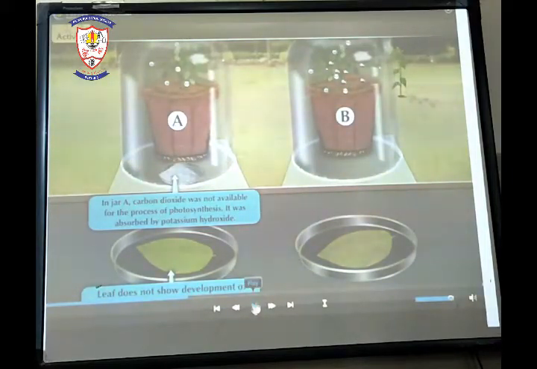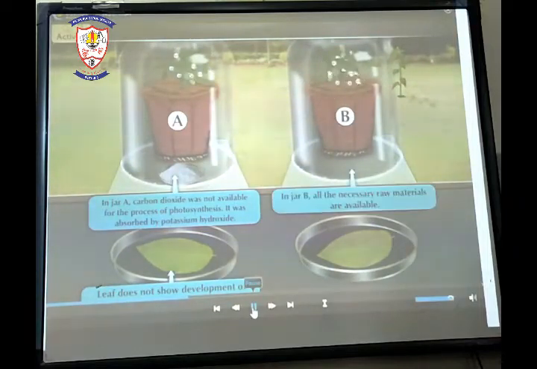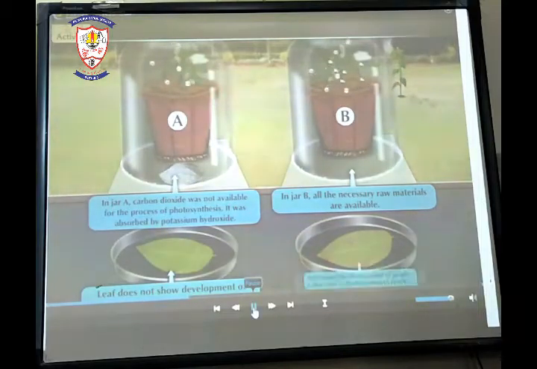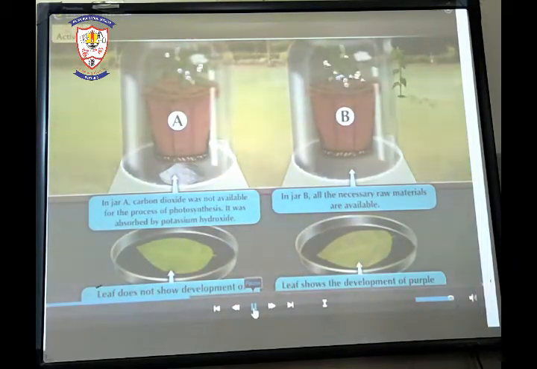And hence there was no formation of starch, whereas in jar B all the necessary raw materials are available, and the leaf shows the development of purple color due to the formation of starch.